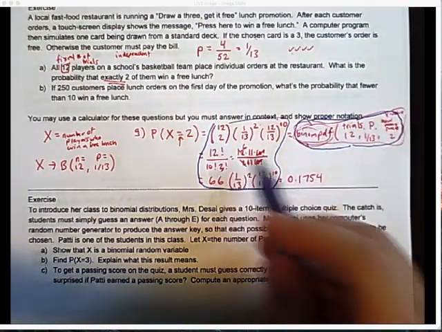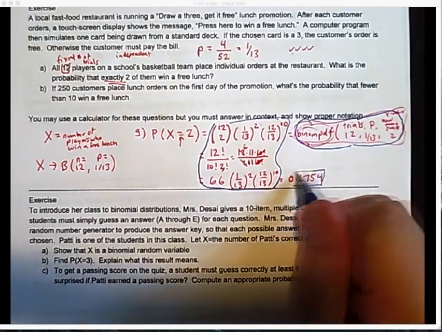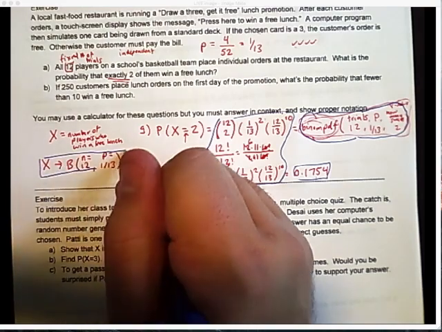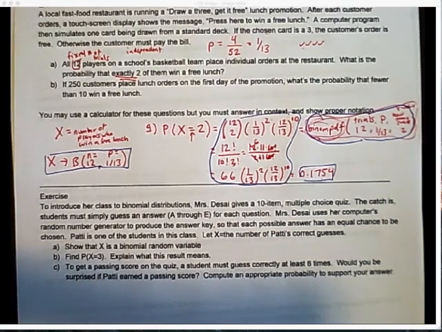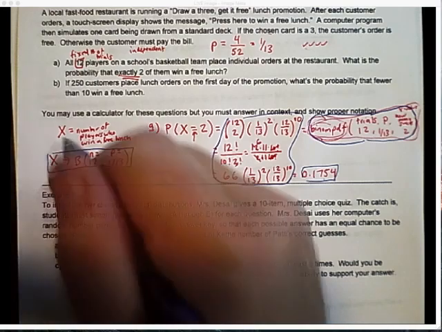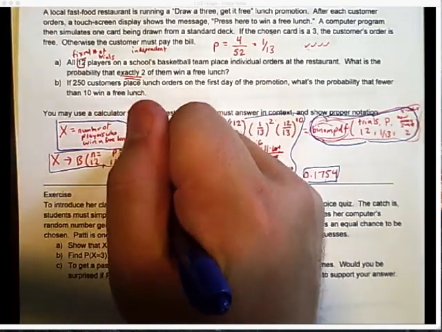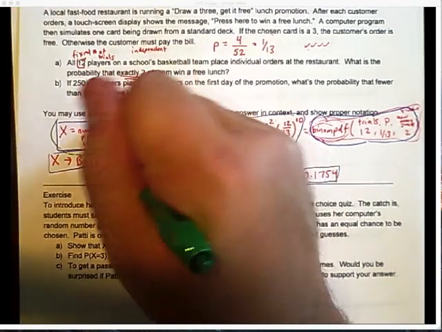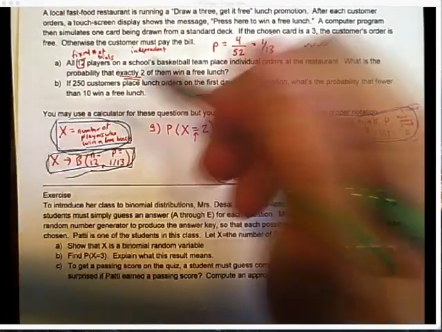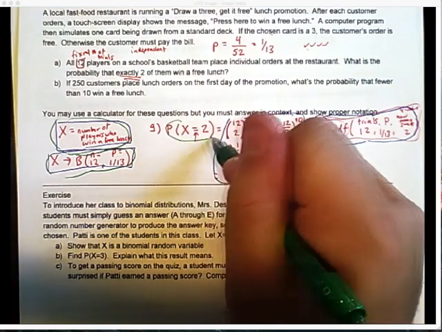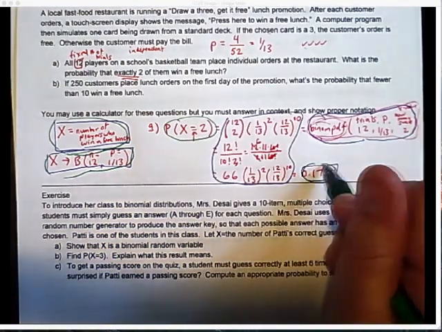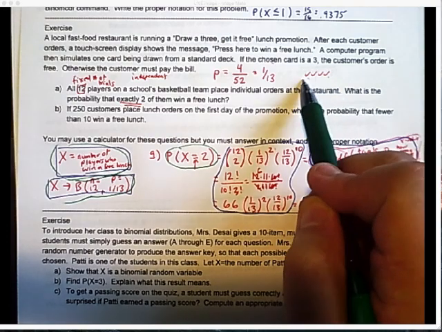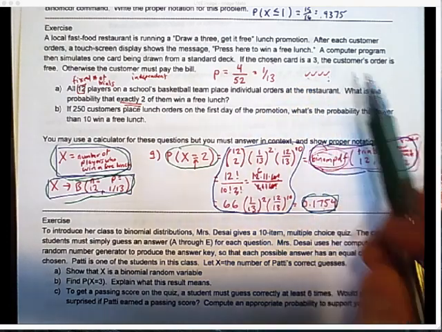I could have simply written the answer down, but I would have to tell the reader that I know it's a binomial distribution. Okay, I would have to define my variable. That, you would need that part. Okay, so I would need this, I would need this, I would need this, and I would need this. And it would also be good to discuss why it's binomial. So check the conditions in words.